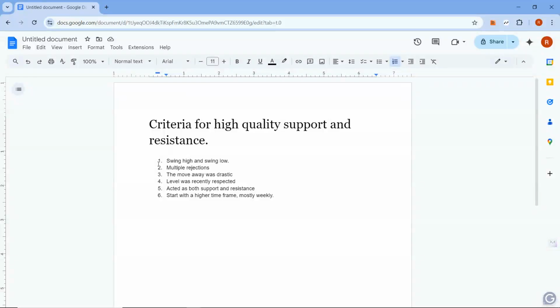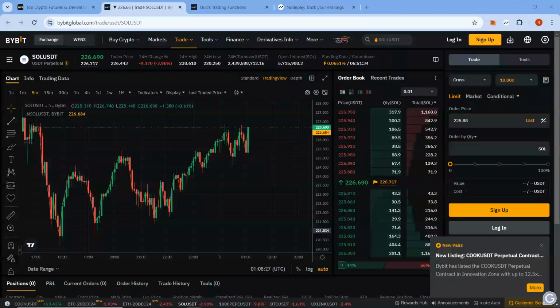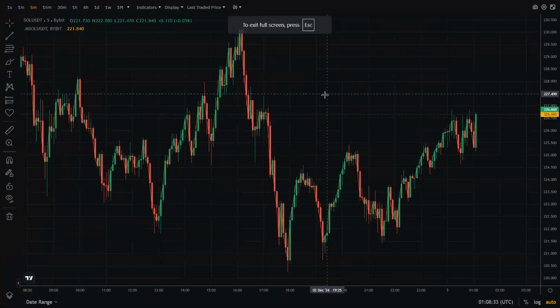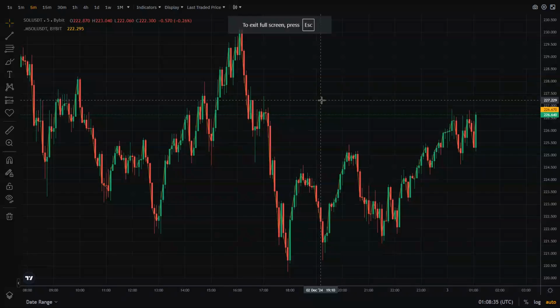Number one, the swing high and the swing low. We'll take these criteria one after the other, but let me start from number six, which is start with higher time frame, mostly weekly. So let's do that. I'm going to move this from the screen now and expand this. I once explained what swing trade is all about.